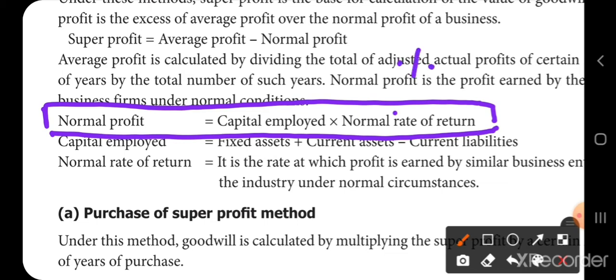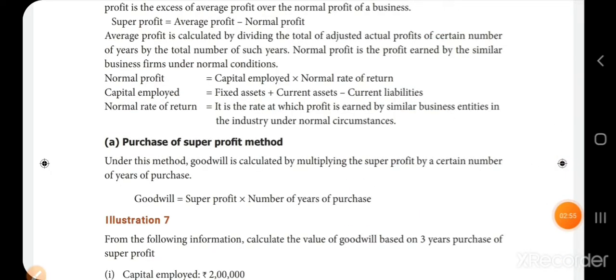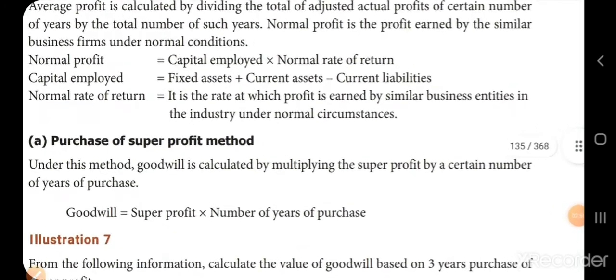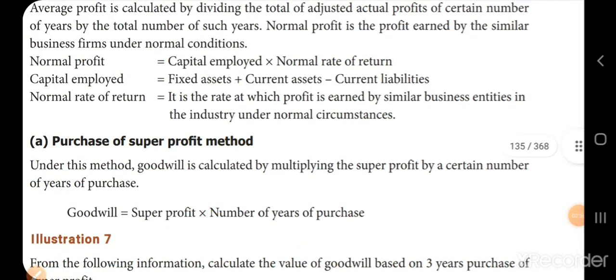It is a rate at which the other similar companies doing similar business earn the profit. That rate only we call it as normal rate of return. So normal rate of return is a rate at which the profit is earned by similar business entities in the industry under normal circumstances.